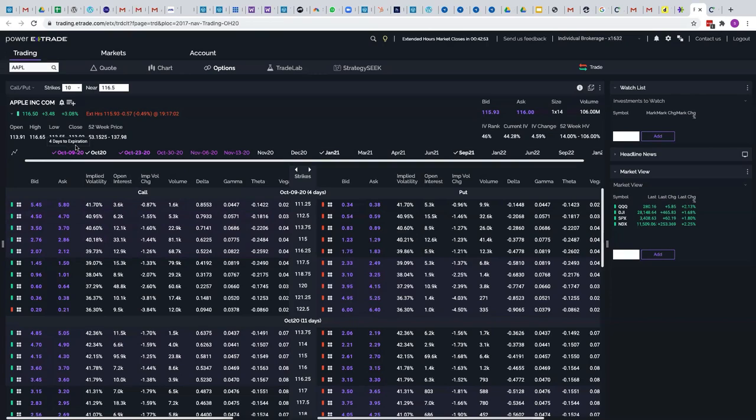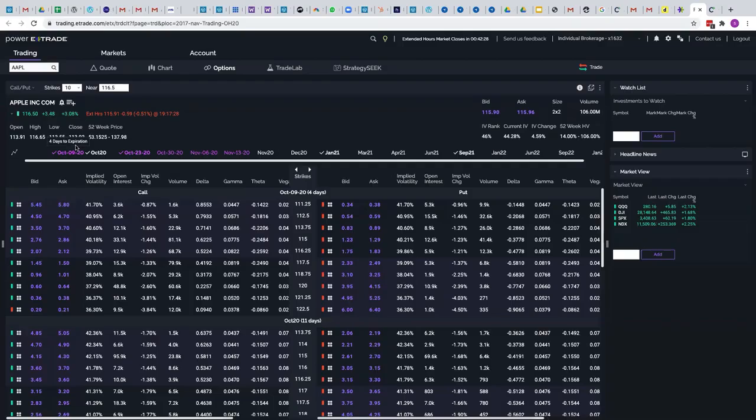Now, this extrinsic value, remember I told you it consists of two things, volatility and time decay. This time gets eroded as you get closer to the expiration. So let's say on an expiration day, let's say on October 9th, the price is still at 116.50. What do you think will happen to the option price?